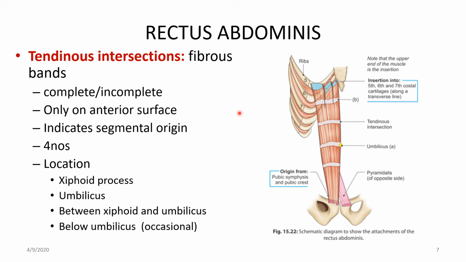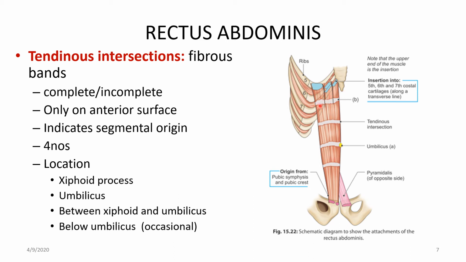They are not seen on the posterior surface, and they indicate segmental origin of the muscle. So the tendinous intersections are fibrous bands that are seen on the anterior surface of the rectus abdominis muscle, and they indicate segmental origin of the muscle, and they are 4 in number.